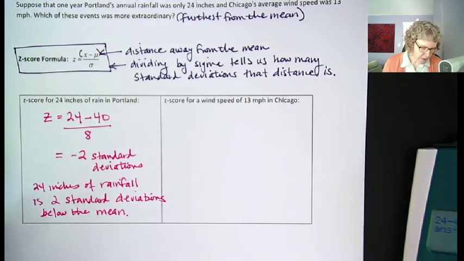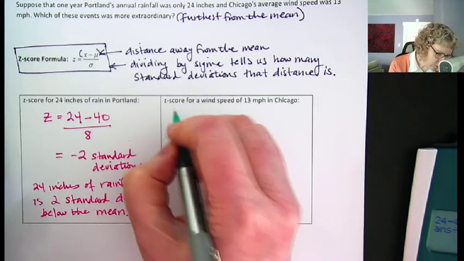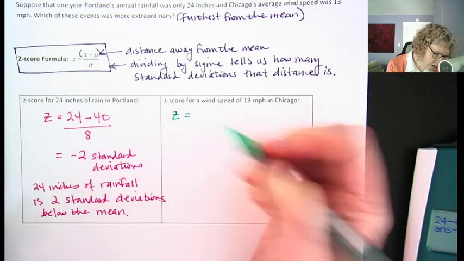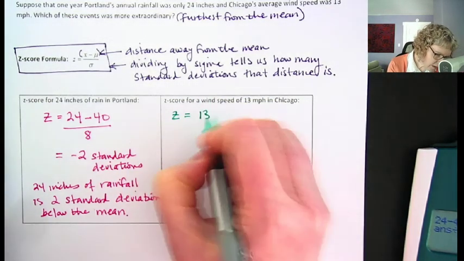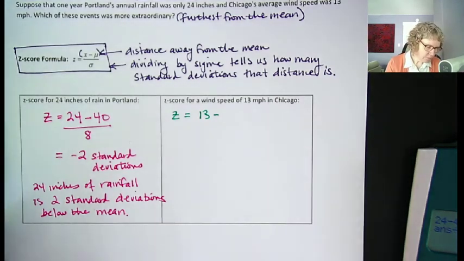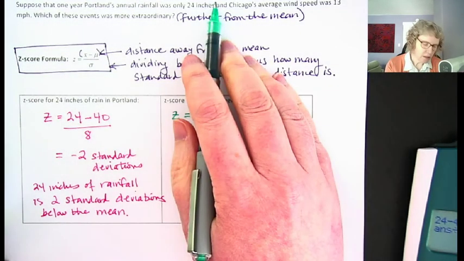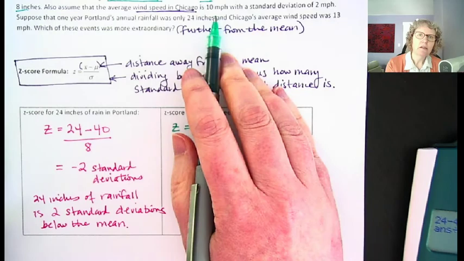But not every z-score will be right on one of the even standard deviations. So let's do the wind speed for Chicago. That was 13 miles per hour. Our mean is 10.